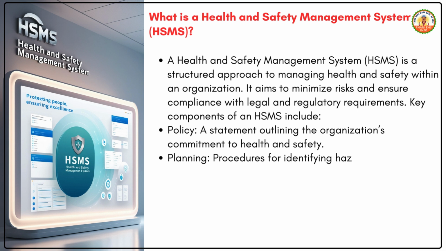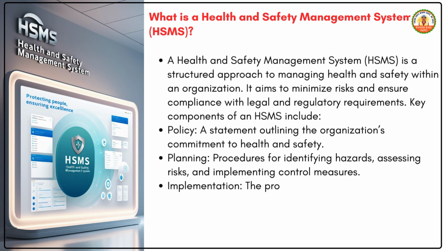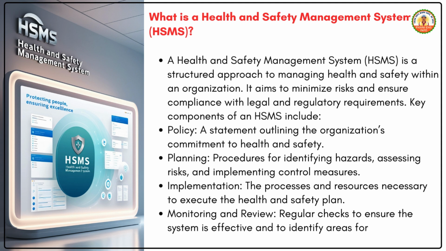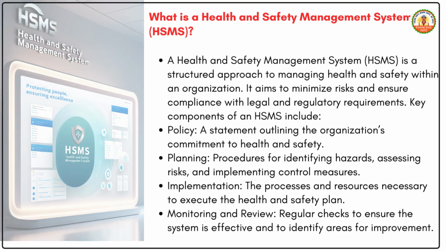Planning, procedures for identifying hazards, assessing risks, and implementing control measures. Implementation, the processes and resources necessary to execute the health and safety plan. Monitoring and review, regular checks to ensure the system is effective and to identify areas for improvement.